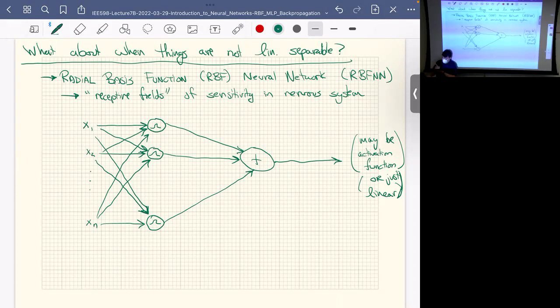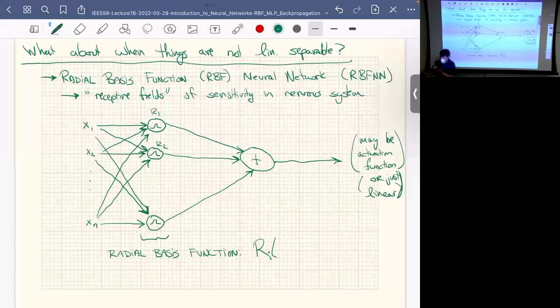And so a radial basis function R, and I'll call this Ri, so we could call this one R1, this one R2, this one Rn. What is it?